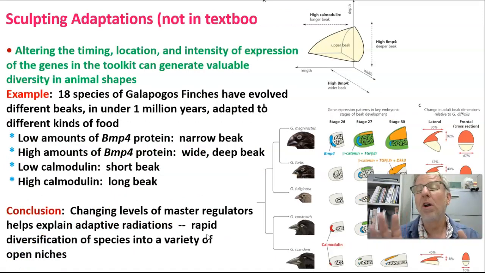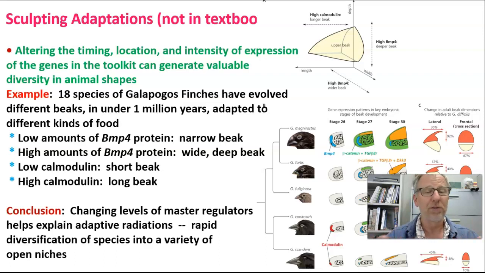So I want to share one other example of how changes in regulatory genes can fine-tune certain structures and lead to, in this case, and in any case for that matter, helps explain an adaptive radiation. The origin of many species, in a relatively short period of time, evolving and filling different niches, doing different things.